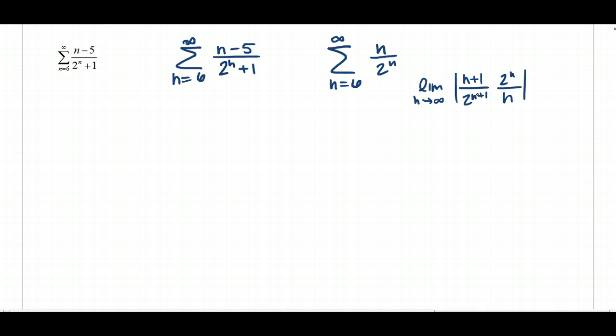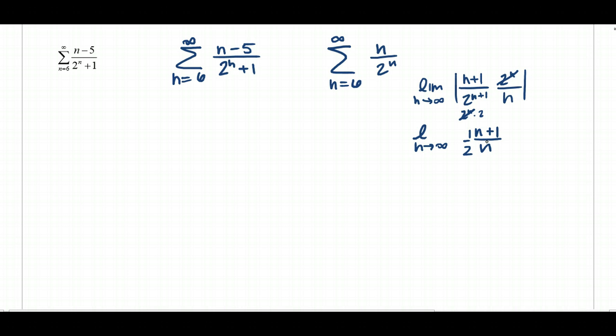So now here, this 2 to the n plus 1 is 2 to the n times 2. So this 2 to the n and this 2 to the n would cancel. So what I really have here is the limit as n approaches infinity of (n plus 1) over n. So I'm going to keep those similar terms next to each other. And then I have a 2 in the denominator, so I'll go ahead and write that as 1 over 2.